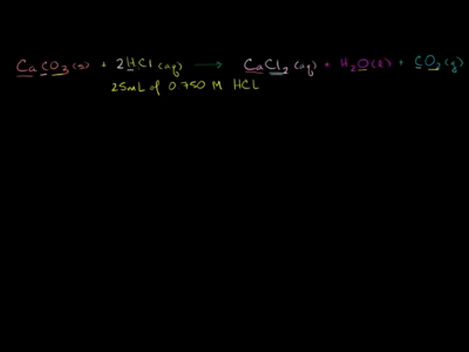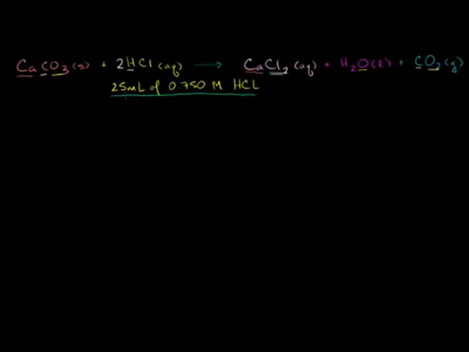So now let's figure out what mass of calcium carbonate we need to react completely with 25 milliliters of a 0.75 molar hydrochloric acid solution. Now the whole way to think about it, and this is how this problem is different than everything else we've seen so far, is that I haven't given you the mass of hydrochloric acid. I haven't told you the moles of hydrochloric acid.